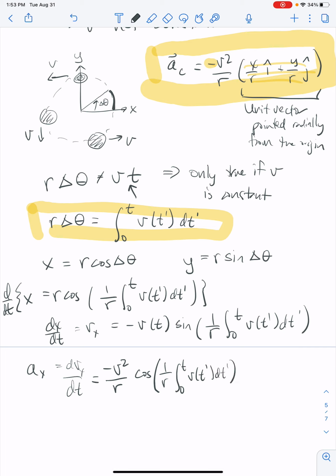This derivative is pretty much the same as the one we did in class, but now we also need to consider the derivative of velocity with respect to time, since that is no longer a constant, okay? So we take that and multiply it by sine.